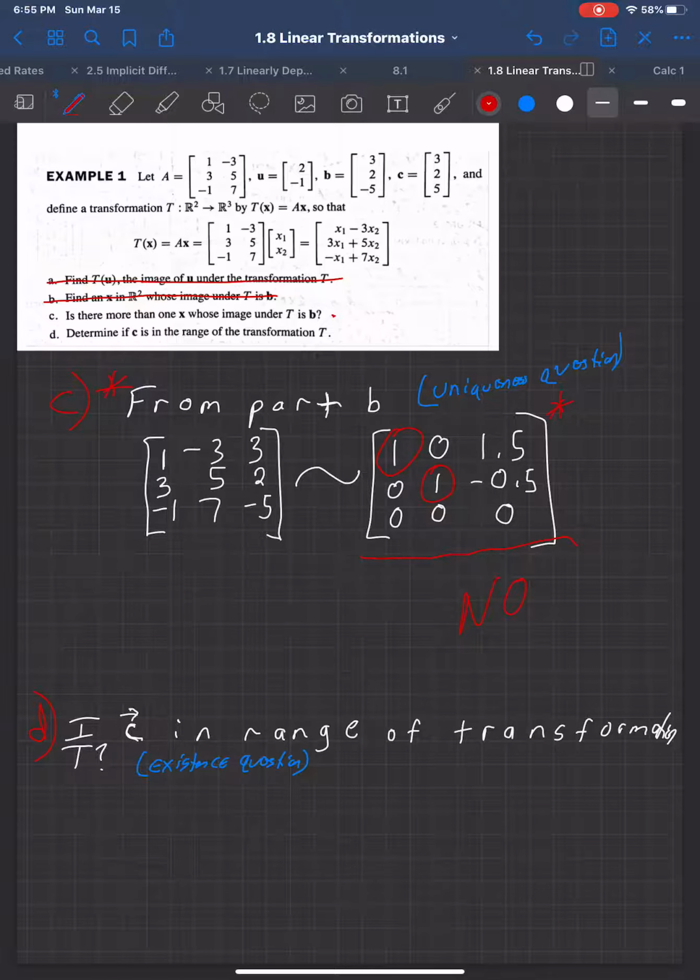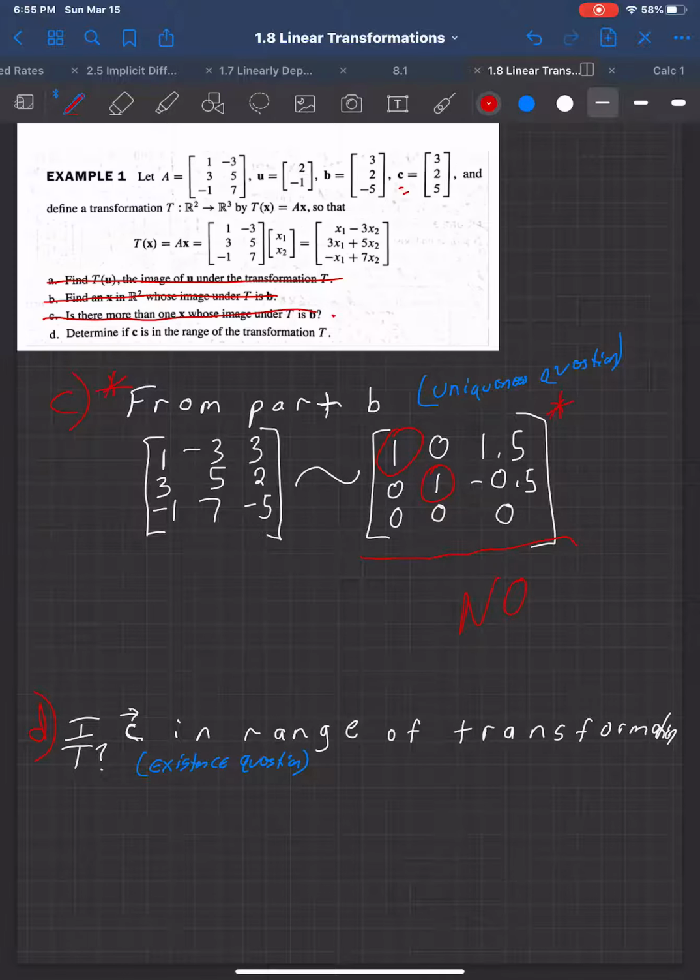All right, part D. It says determine if C is in the range of the transformation T. In the range means, can you get there? Can you actually get to C?